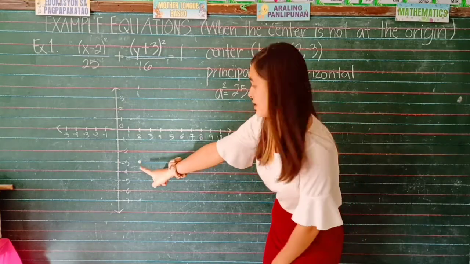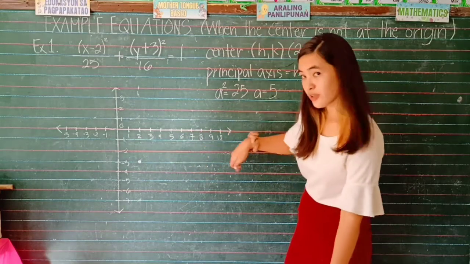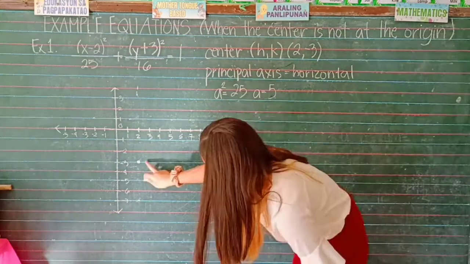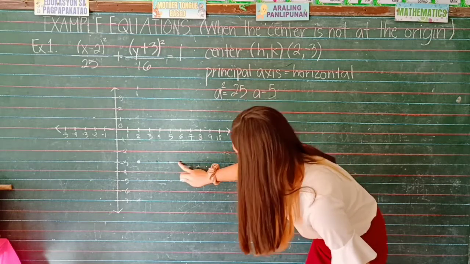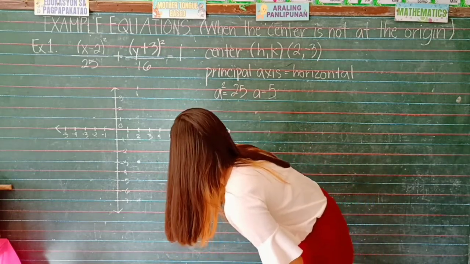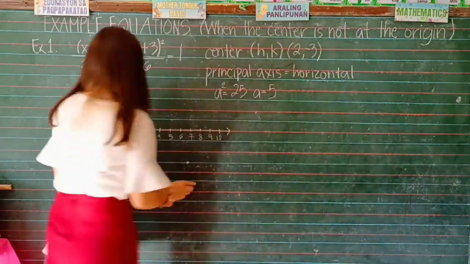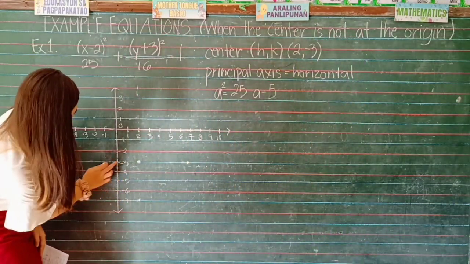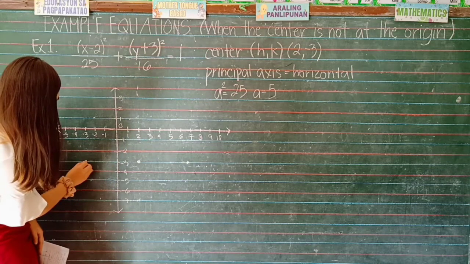Since this is horizontal, we count horizontally. 1, 2, 3, 4, 5. And then on the other side, 1, 2, 3, 4, 5.